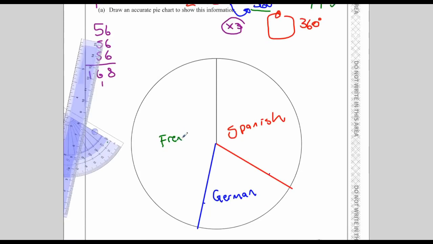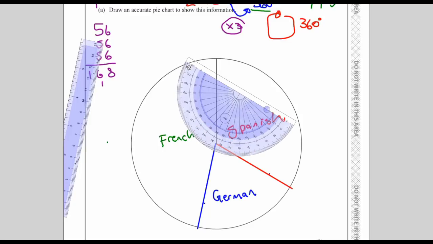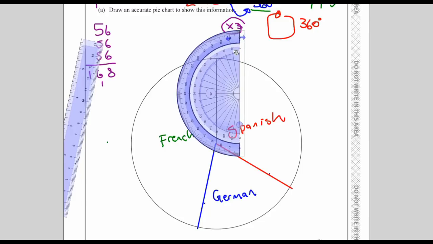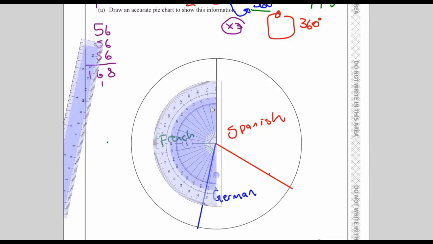Now, if we're a really good student, we'll check that everything's okay. So let's get our protractor back in action. I'll show you measuring from the other way this time, just for a bit of variation. So remember, put it in the middle. And this time, don't start at 180, start at 0.